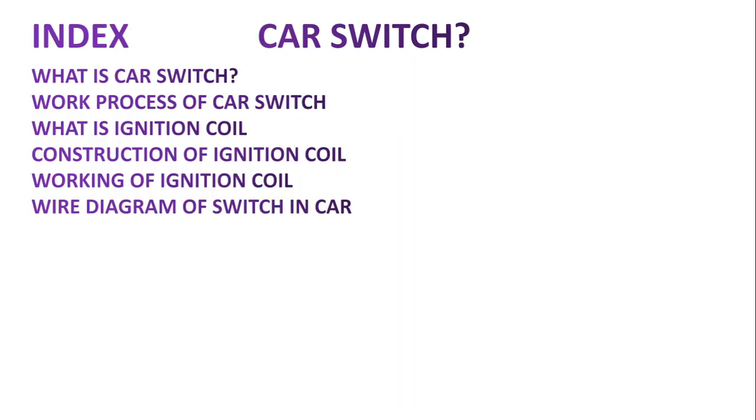In the next window I have some index and some introduction about the car switch: what the car switch is first of all, and the work process of the car switch, then what the ignition coil is, and what the relation is between this car switch and the ignition coil, construction of the ignition coil, the next topic working of the ignition coil, and the next topic wire diagrams of the switch in a car, right?